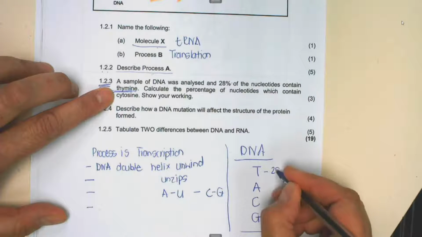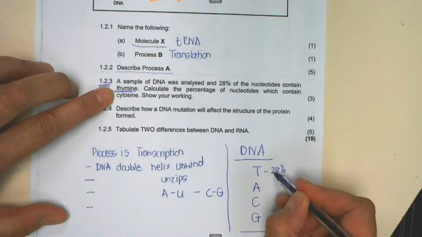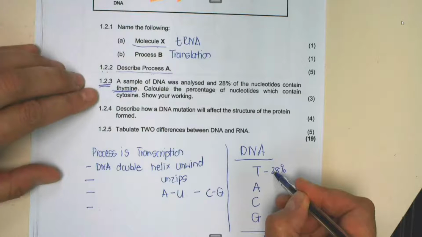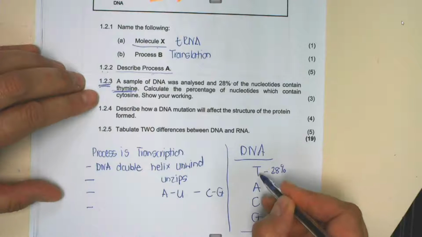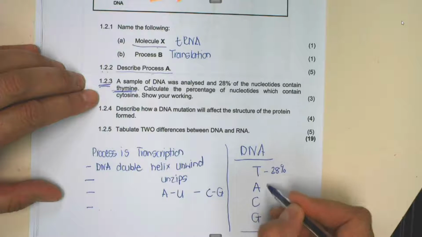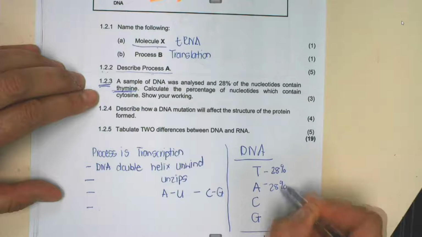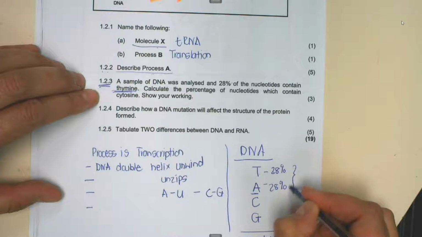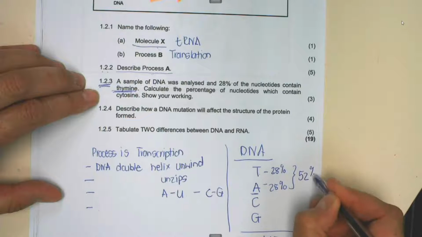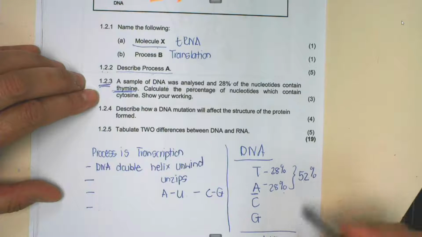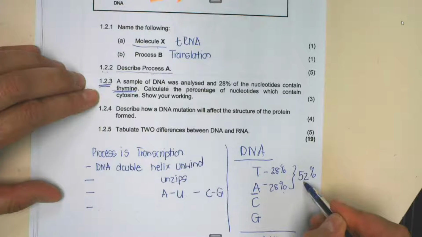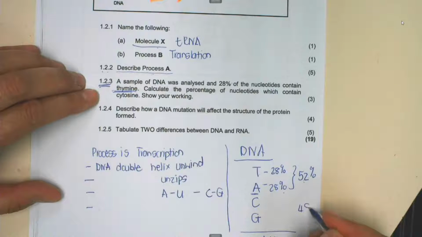We have 28% thymine. Now, common sense tells you, because this is what you've studied, if I have 28% of thymine, I must also have 28% of adenine. So when I count the 2 together, it is 52%. So they make up 52% of the 100. 100 minus 52 gives you 48. And then I just have to divide this by 2. Okay?